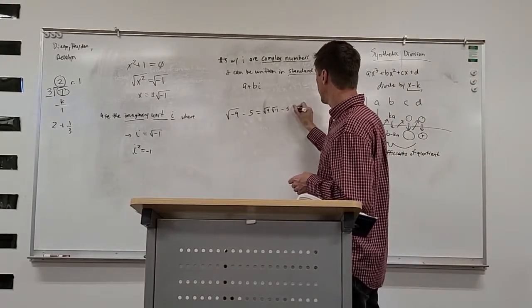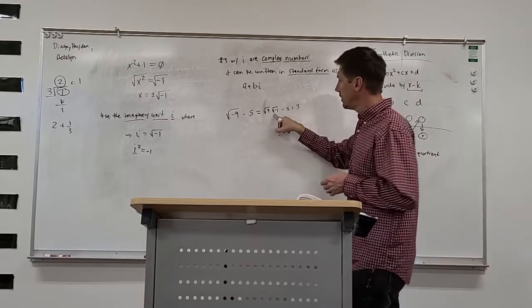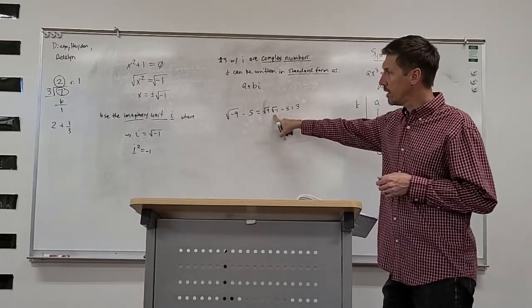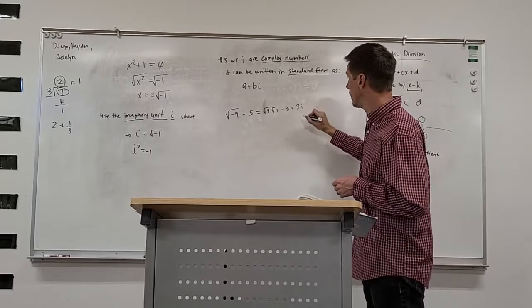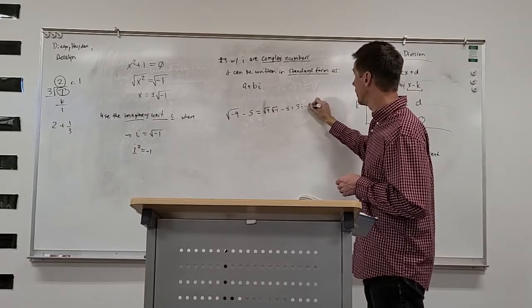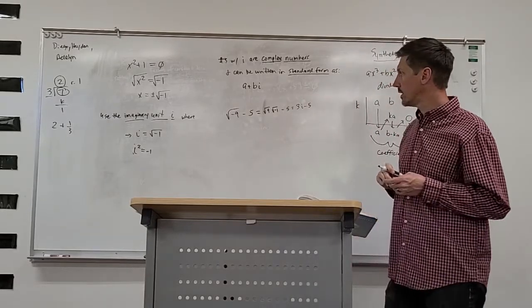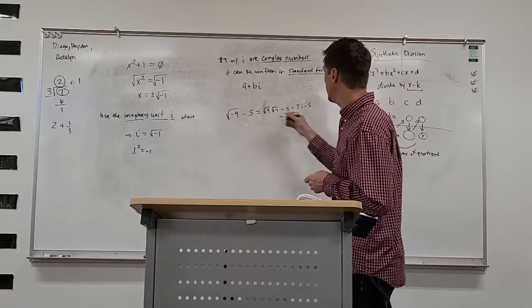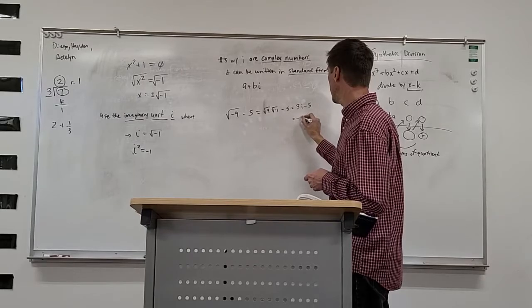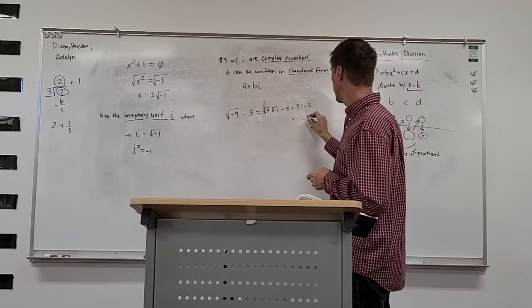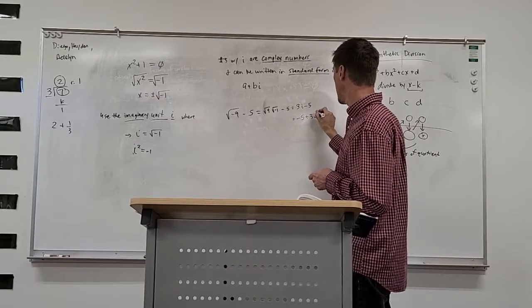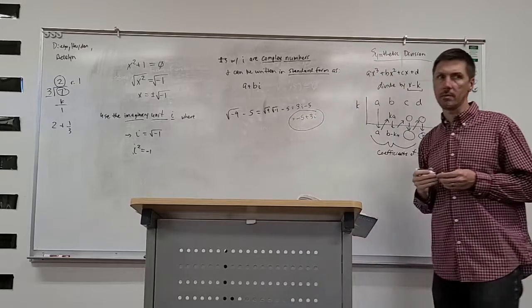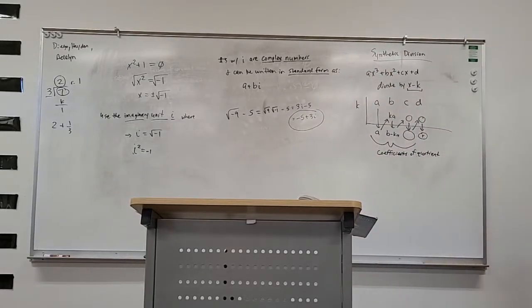We know the square root of 9 is 3, and the square root of negative 1 is equal to i. To write it in standard form, we reverse that, because the real term comes first, so we would say negative 5 plus 3i. That would be that imaginary number in standard form.